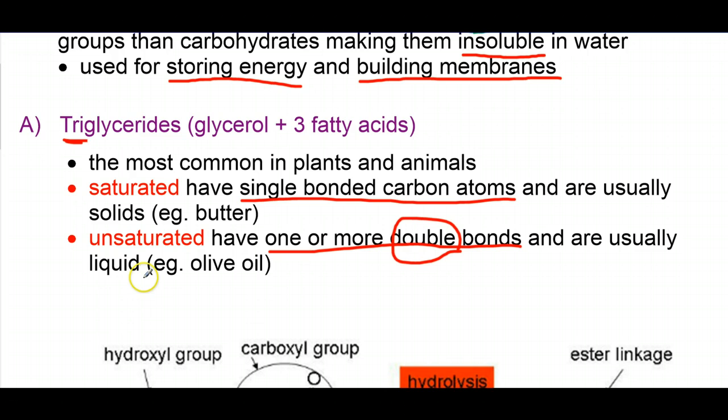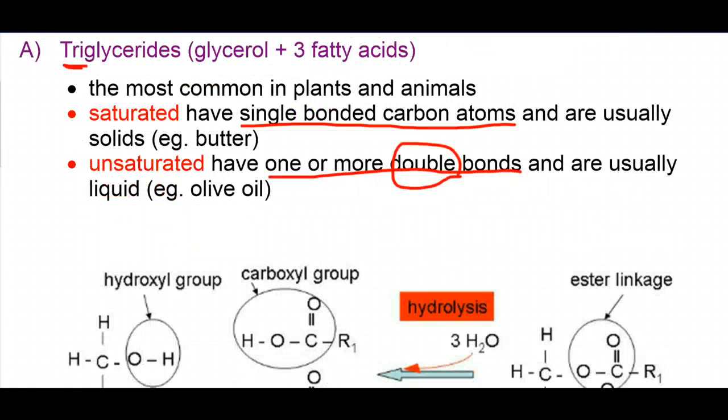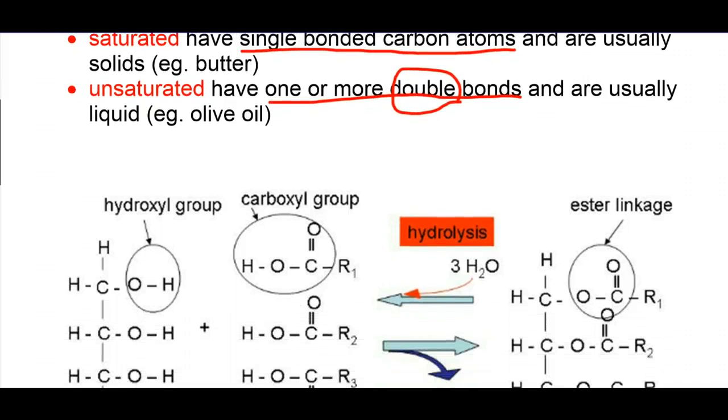And they usually end up being liquid, and the difference between being a liquid and a solid has to do with its chemistry, which is why we spent some time reviewing it. So we're going to come back and revisit why saturated ends up being solid and why unsaturated ends up being a liquid. So next, under this heading, I want to show you how a triglyceride is formed.